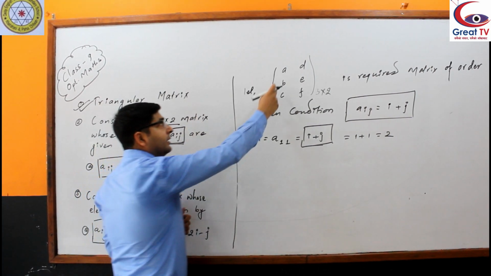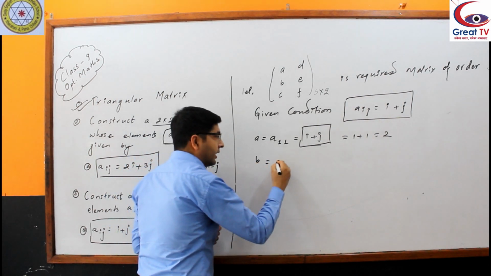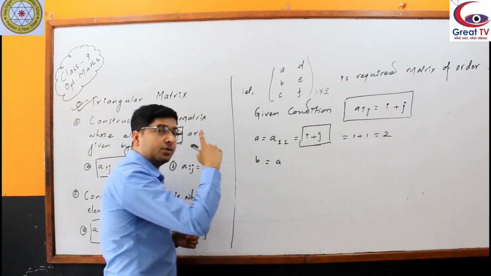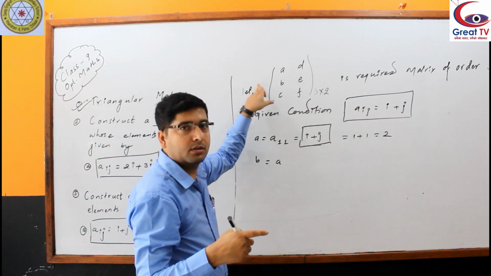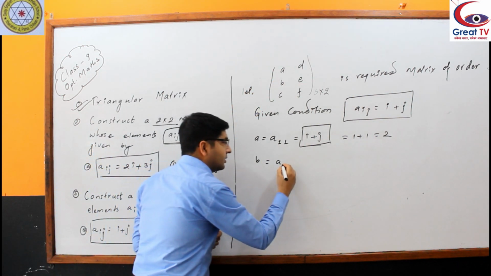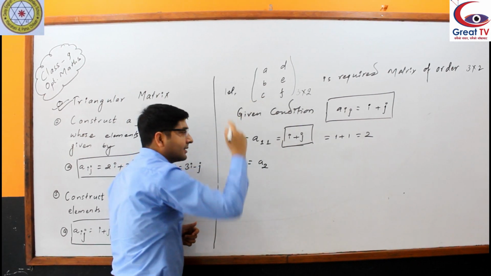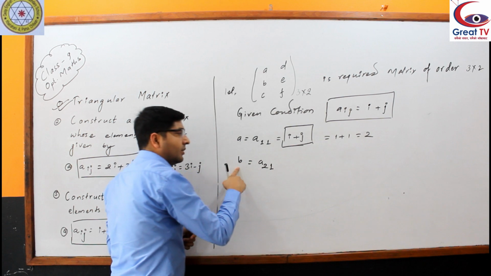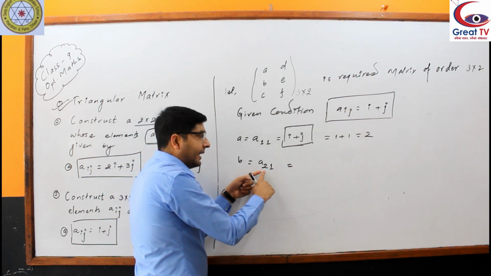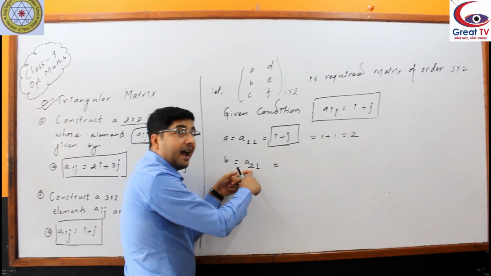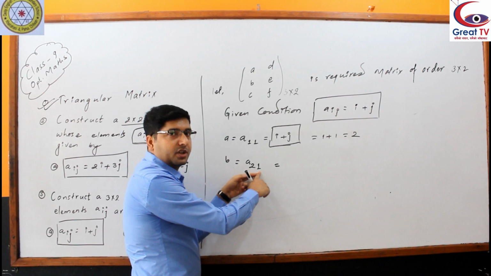Now B is equal to... B lies on which row? First, second, third? Second row. Which column? First. Yes. B equals a21, where the value of i is 2, because i always represents the row and j always represents the column.